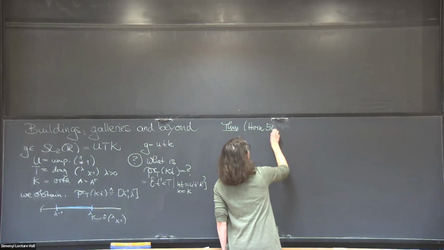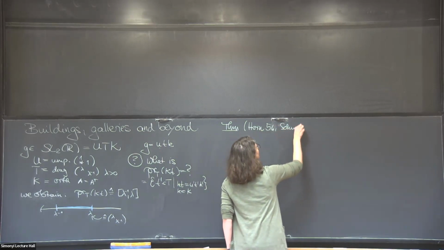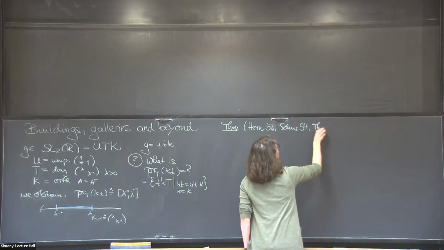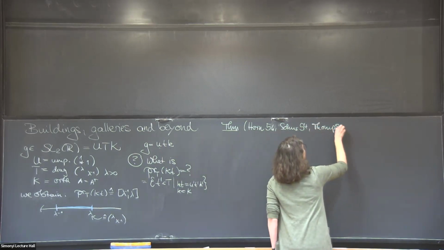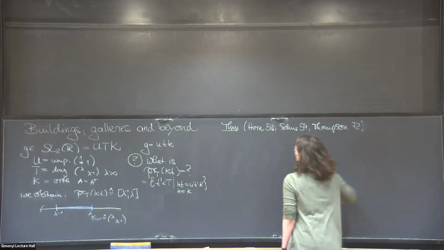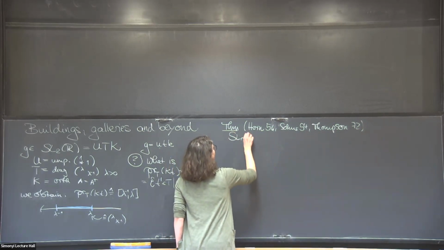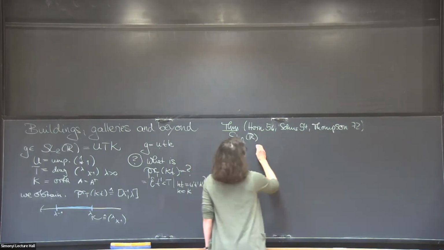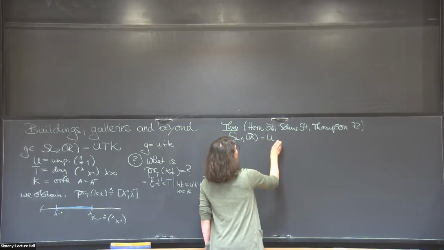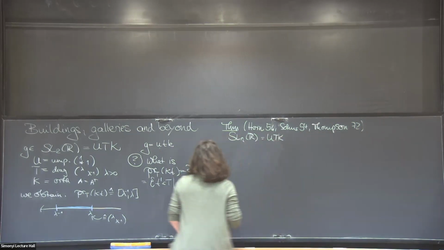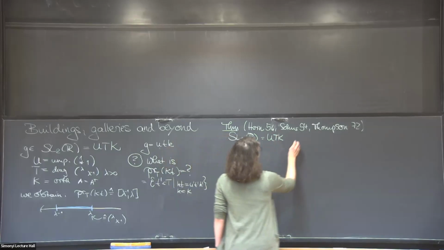I think it was '56, Schwer was involved, '54, but also Thompson in '72. And they proved that for SLn over the reals, arbitrary n, well, you can again write it as u times t times k, that's not the theorem.